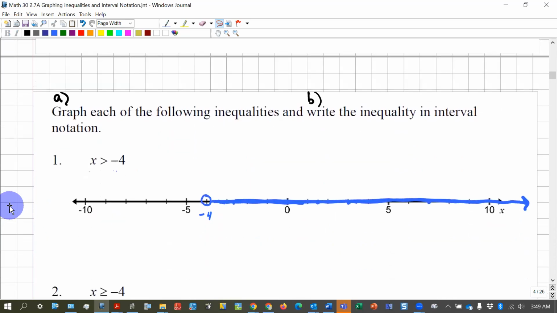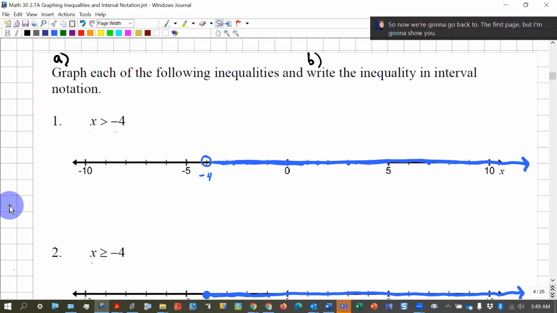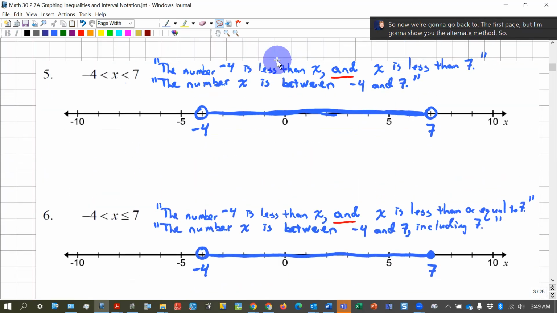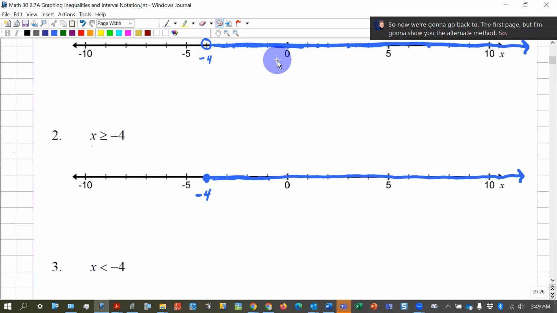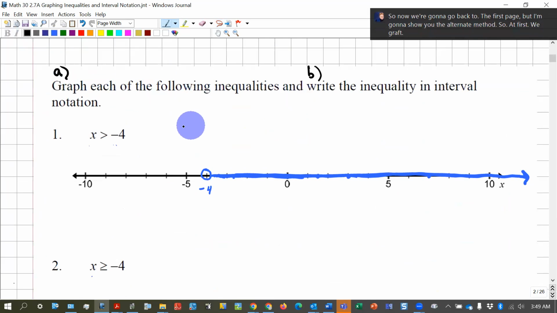So now we're going to go back to the first page, but I'm going to show you the alternate method. So at first, we graphed the inequality, and we haven't yet talked about interval notation.